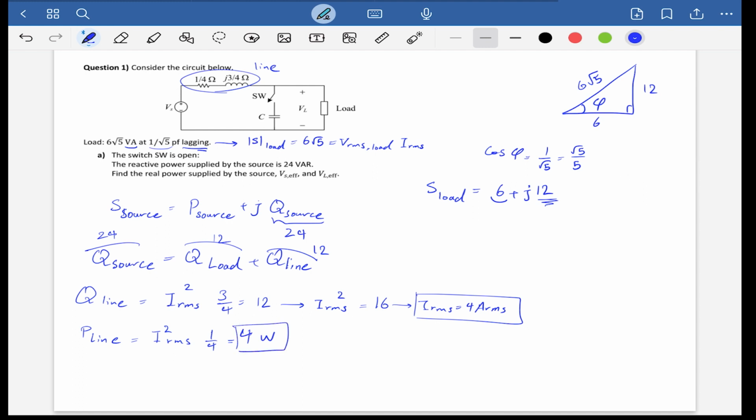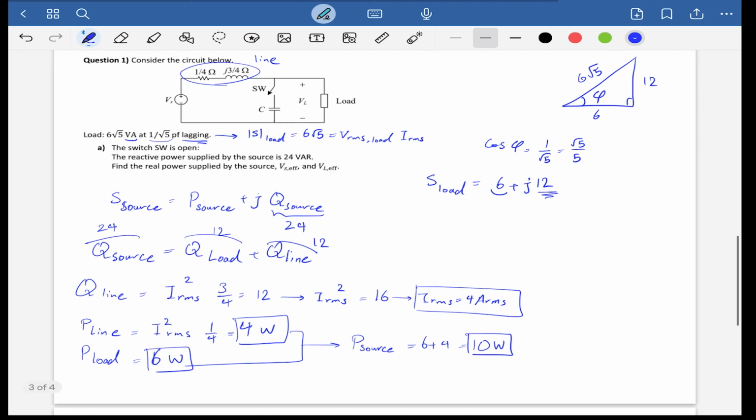We found this. Okay. So we also know the P of load, which is 6 watts. And again, from here, we can say P of source will be 6 plus 4, which is 10 watts. Okay.